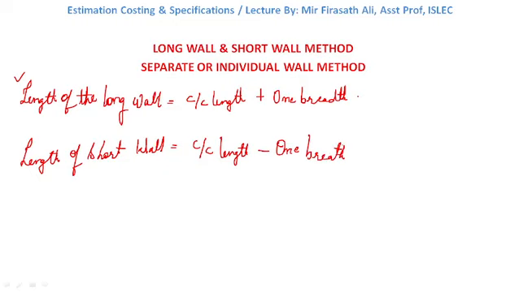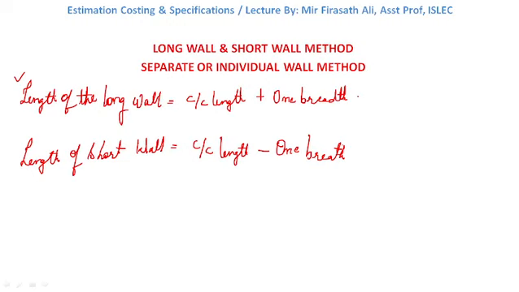These are the two formulas which we use for the determination of length of long wall and length of short wall. This method, long wall and short wall method or individual method, can be worked out in a quicker way.